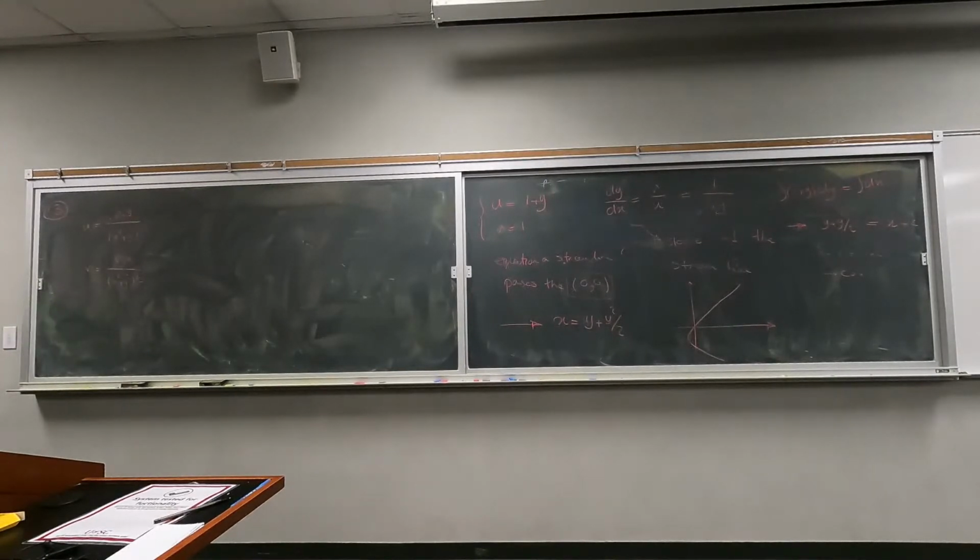We are told V naught is a constant. Where in the flow field is the speed equal to V naught? And we want to determine the equation of the streamline and discuss the various characteristics of this flow.